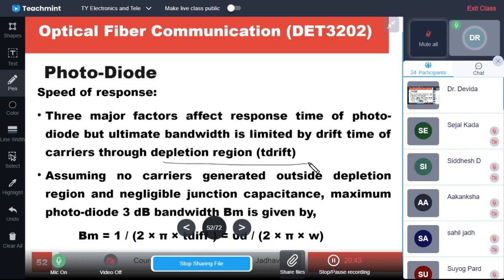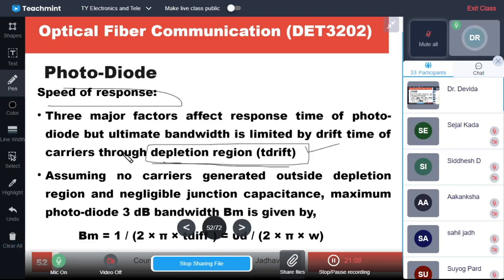Capacitance is small, and diffusion is avoided in many detector structures like PIN and APD, where there is no diffusion and mainly the depletion region is there. So T drift is the parameter responsible for the speed of response.